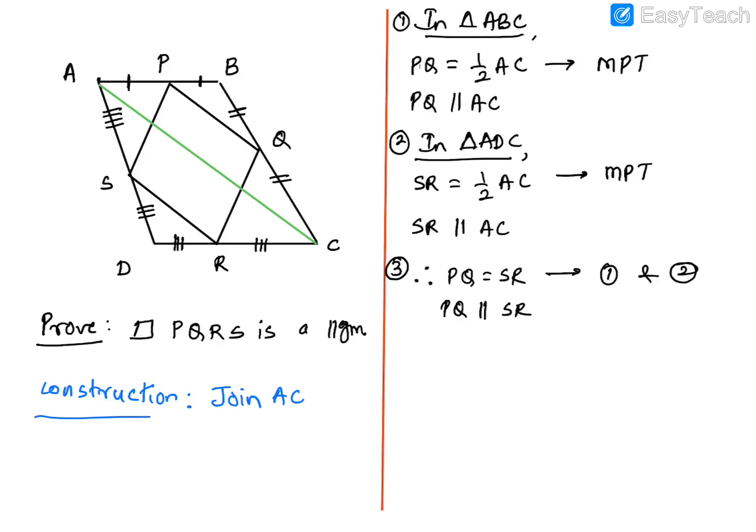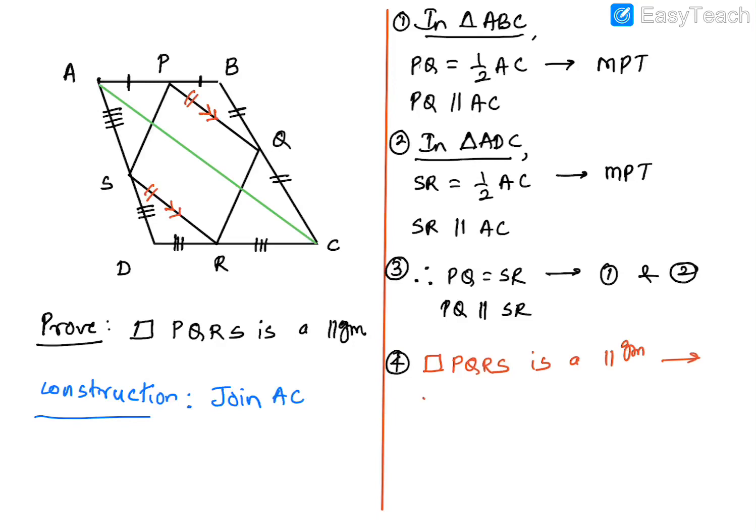Then guys, next is statement number 4. Now remember, if the opposite sides are equal and parallel, if any one pair of sides are equal and parallel, then that quadrilateral is a parallelogram. That's also a property to prove a parallelogram. So the fourth statement will be: therefore quadrilateral PQRS is a parallelogram. What is the reason we'll write?